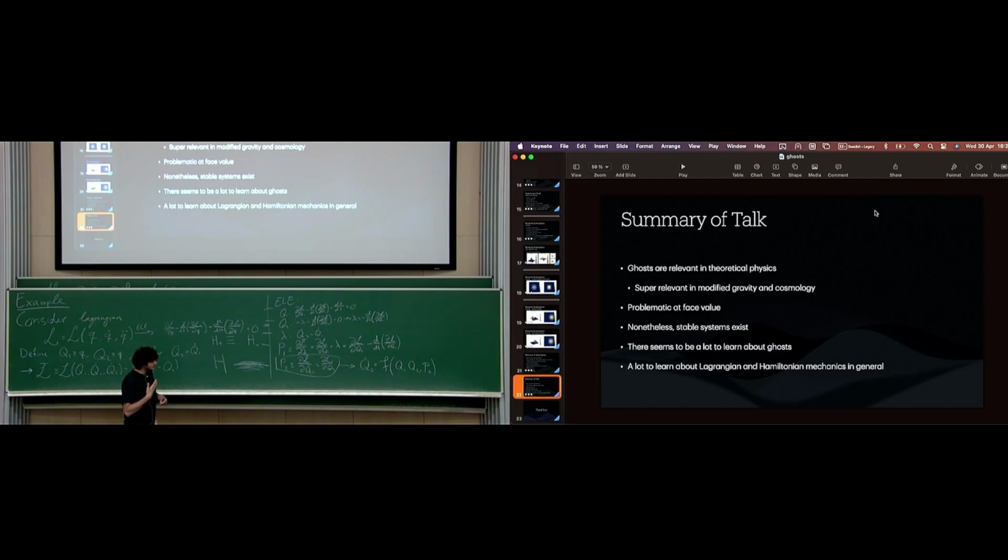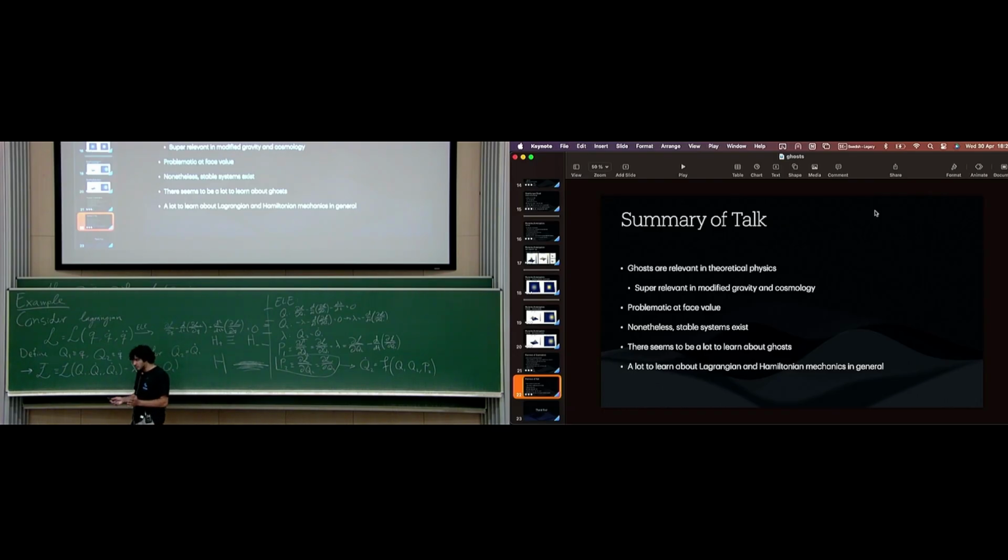Furthermore, there have been suggestions, at least in the field of cosmology now, by observations, that we might need ghosts to explain the accelerated expansion of the universe. So they are relevant, and thus it's also very relevant for us to gain some insight into how they behave dynamically, both classically, in classical mechanics and field theories, and then quantum, of course.